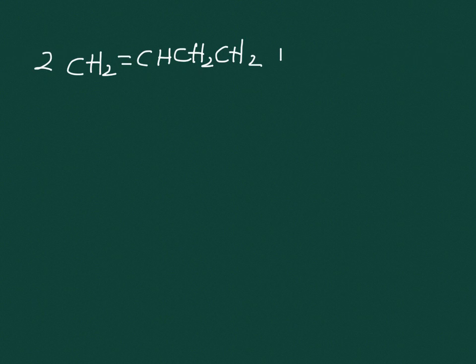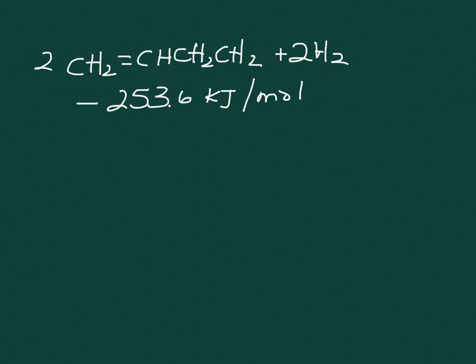So if we look at the heats of hydrogenation of an isolated double bond, okay, and we're going to have to do 2 of them, plus 2 hydrogens. The heat of hydrogenation is negative 253.6 kilojoules per mole.